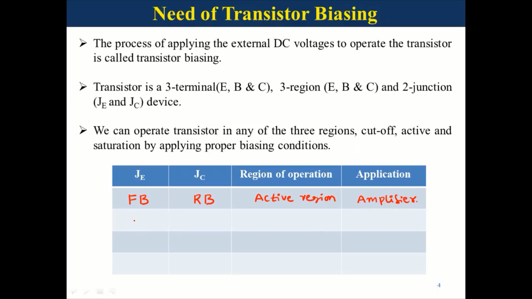If emitter junction is reverse biased and collector junction is also reverse biased, then the transistor is said to be operated in cutoff region. Then the transistor can be used as an off switch.